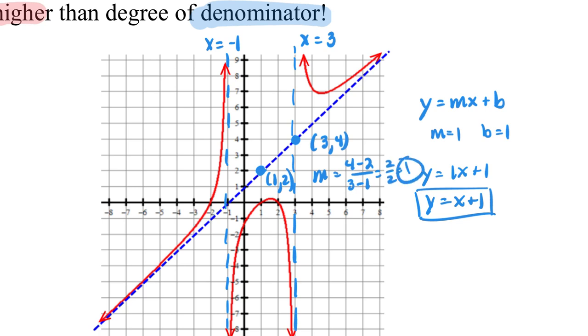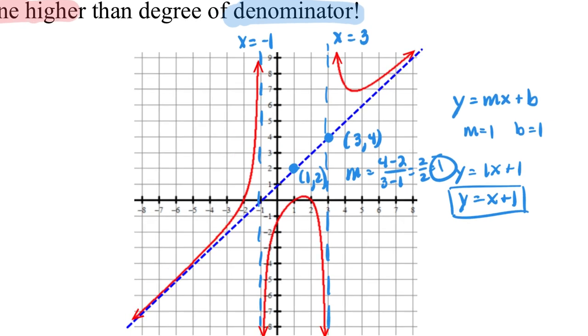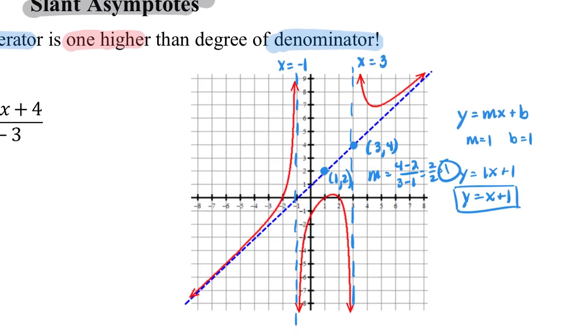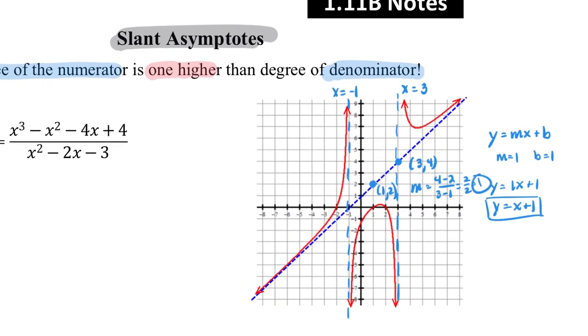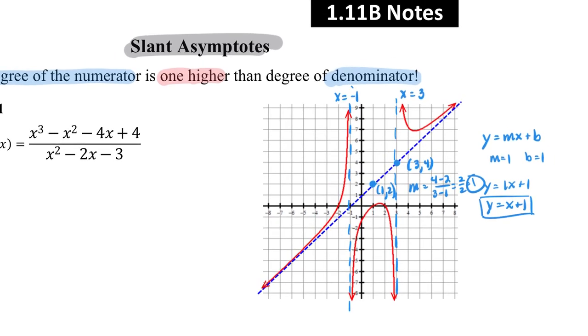So that's how you could find your slope also. So that's the equation for that slant asymptote. Different than our equations for vertical asymptotes, and definitely different than our equation for horizontals, which would be y equals something.